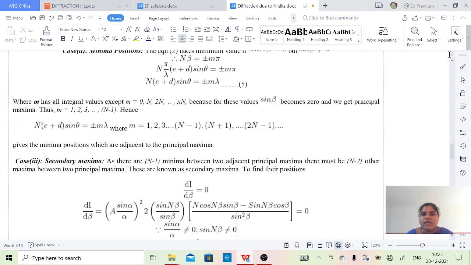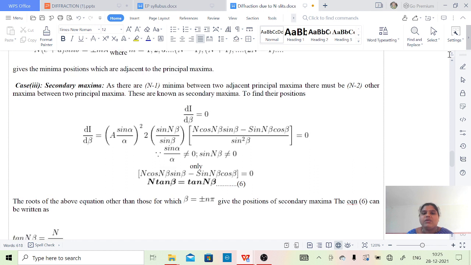So for the secondary maxima conditions, we have to differentiate this condition, especially dI by d beta equals 0. From the differentiation condition, we get these conditions.